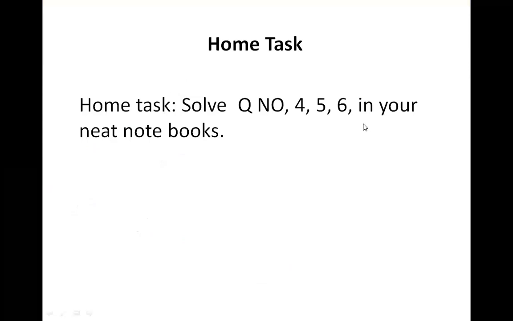Then some of the questions we will give you as an assignment, so you will do them and you will send their images as your assignment in the PDF form.